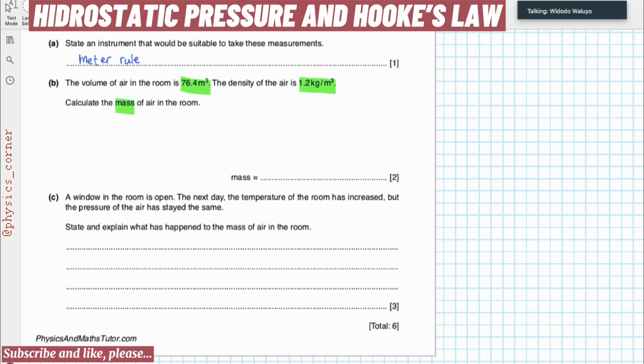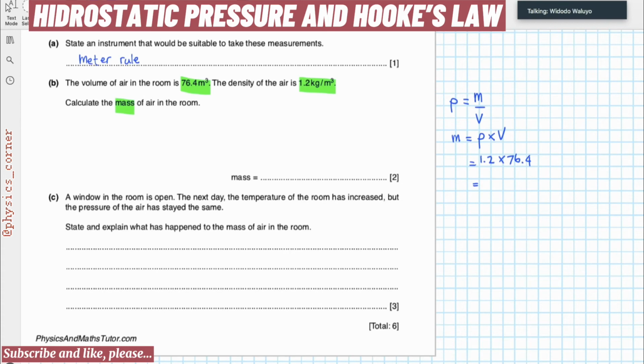We use rho. Rho is mass over volume. So when we find mass, it is density times volume. The density is 1.2 and volume is 76.4.